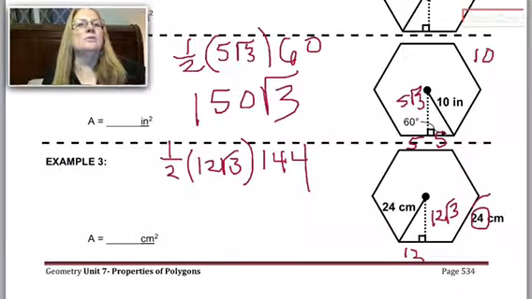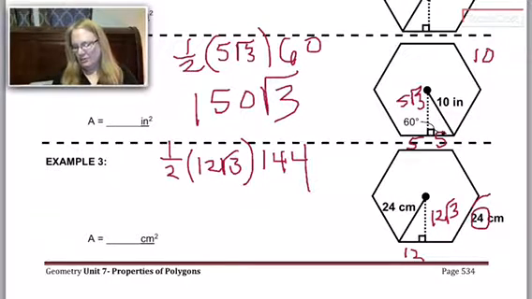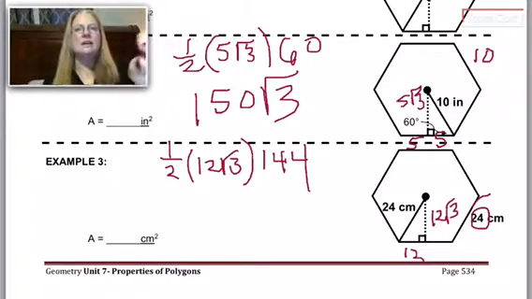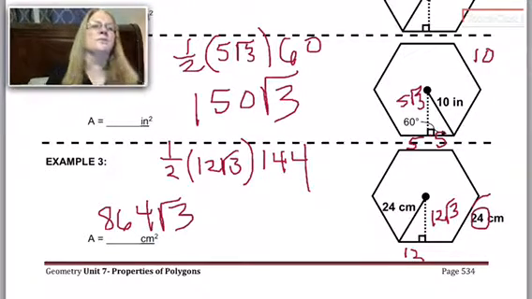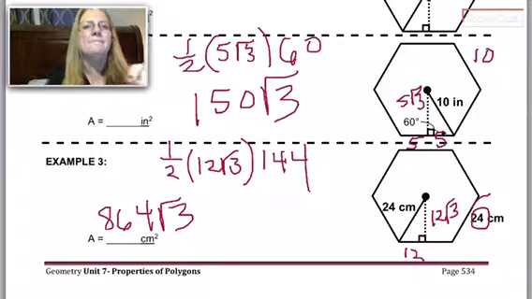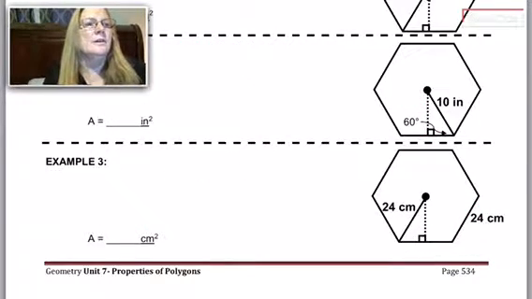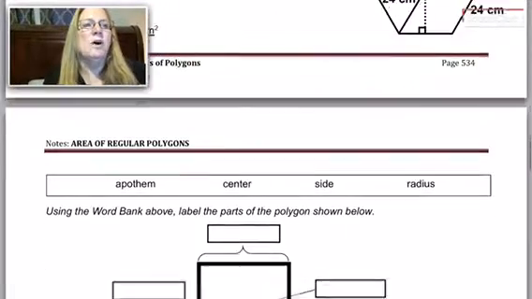And then we're going to multiply 1/2 times 12 times 144, or 144 times 6, is 864 times the square root of 3. Okay. It's kind of long, so pause at any time.